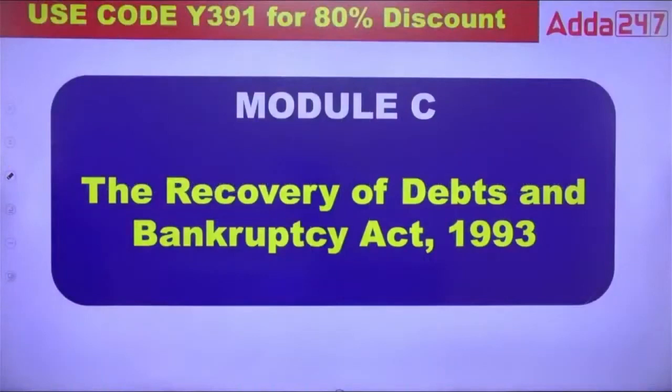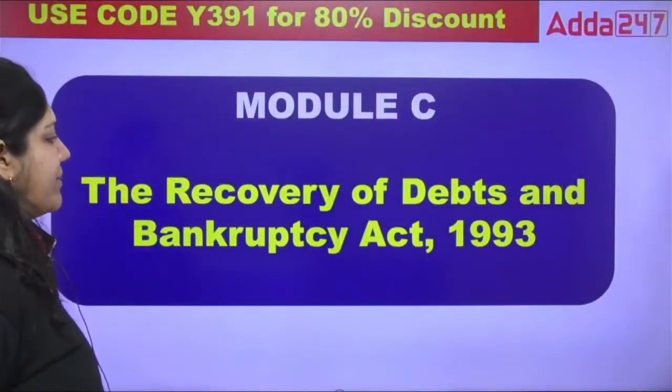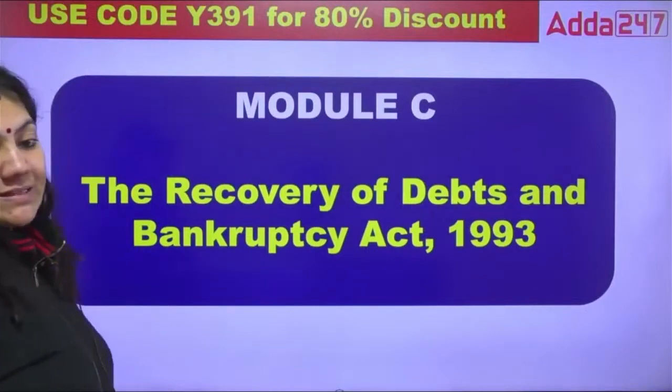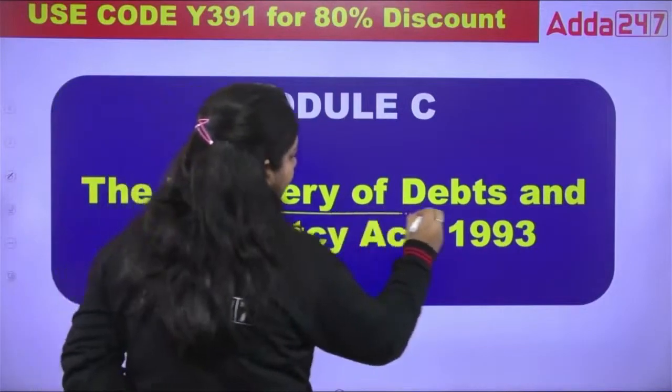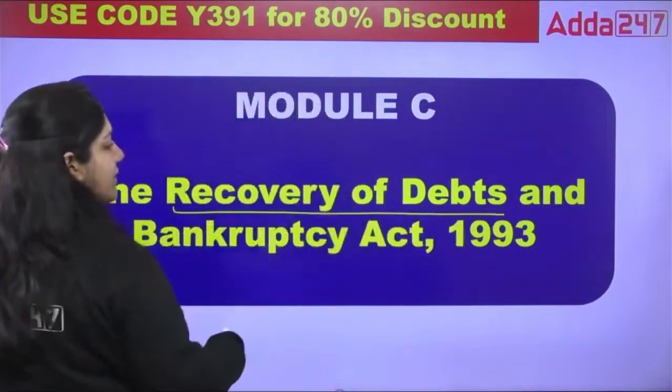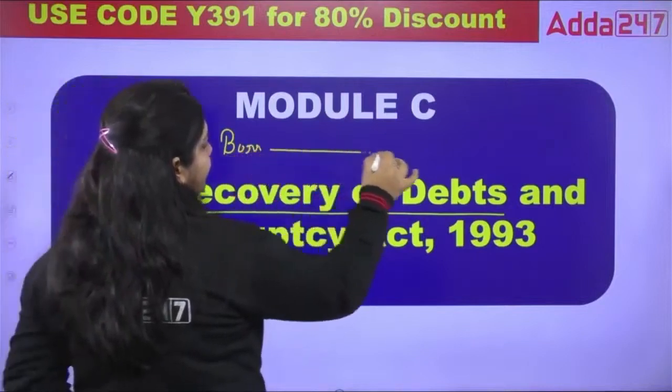Now class, today we are going to study the Recovery of Debt and Bankruptcy Act. So what exactly does this act mean? This act is basically about the recovery of debts. We know that the borrower has taken money from a bank or financial institution.